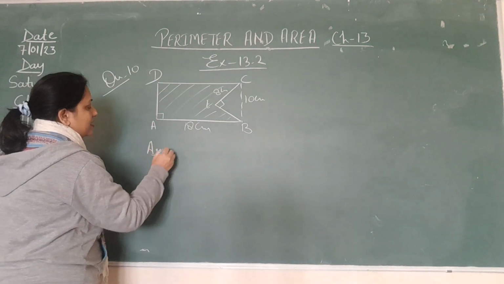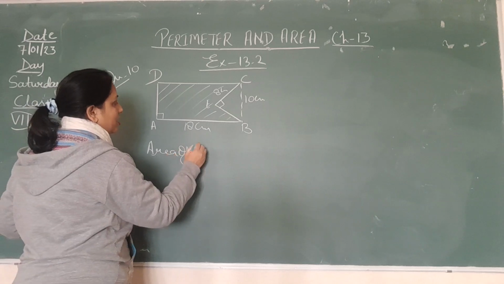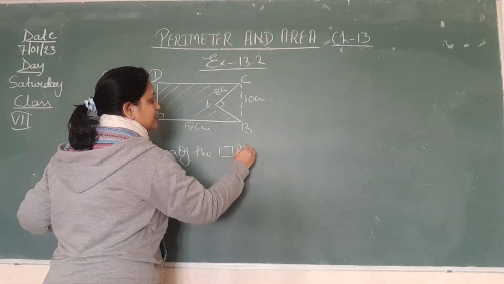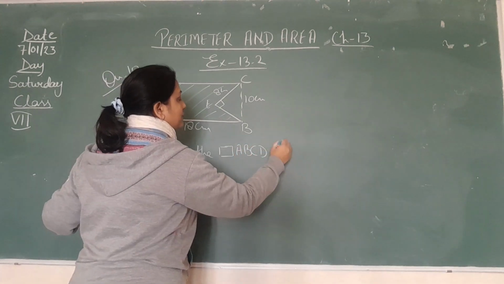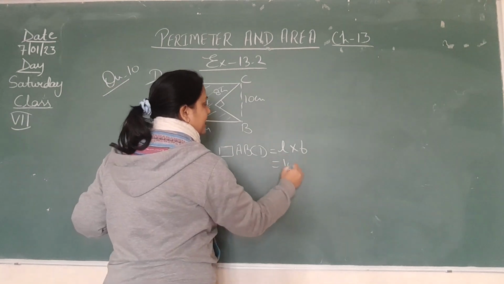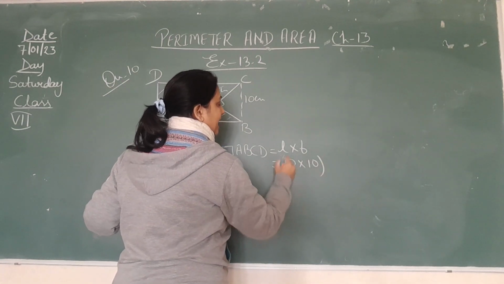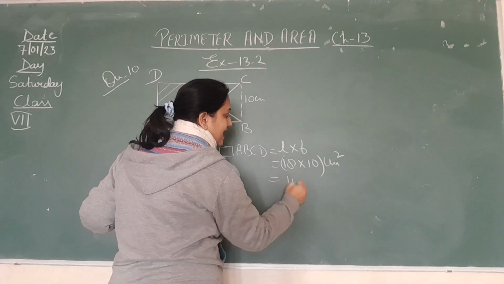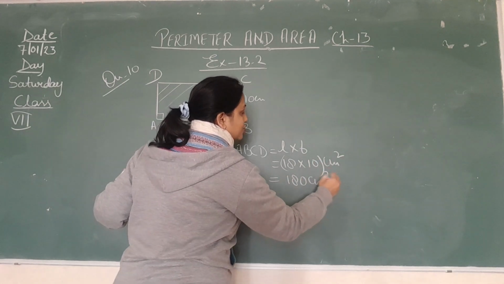Area of the rectangle ABCD is equal to length into breadth. Length is 18 and breadth is 10, both in centimeter. Centimeter into centimeter, centimeter square, so 180 centimeter square.